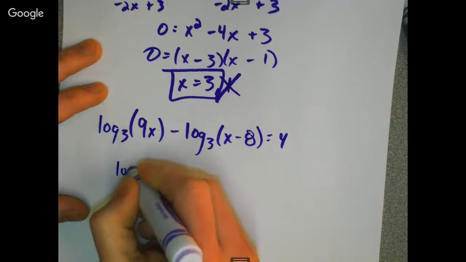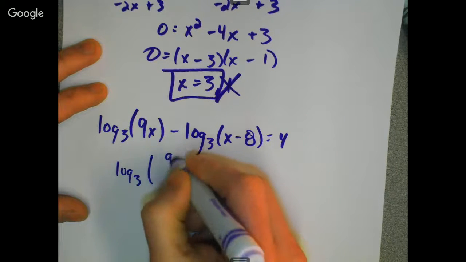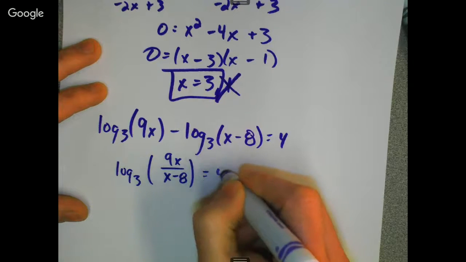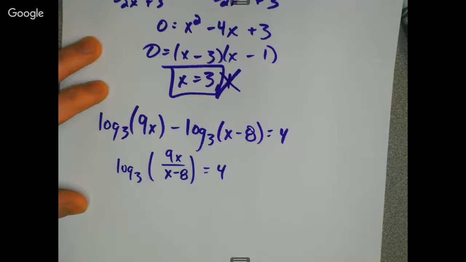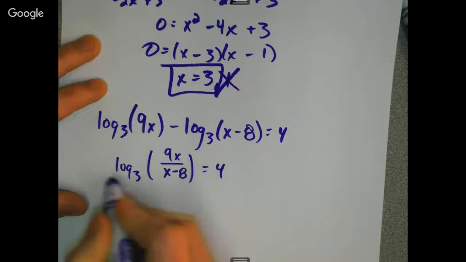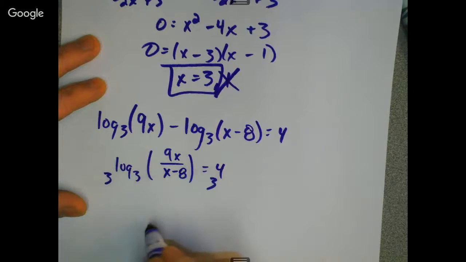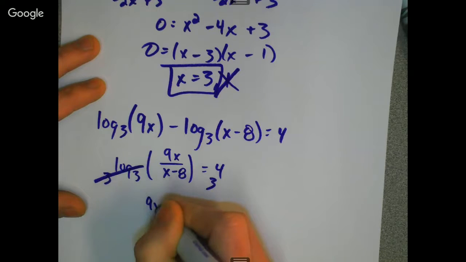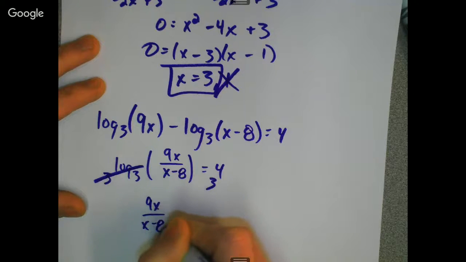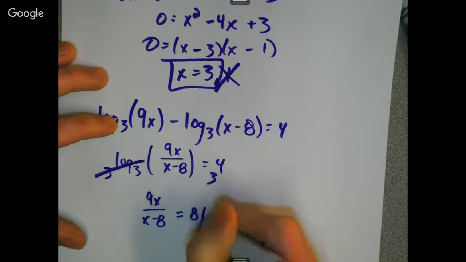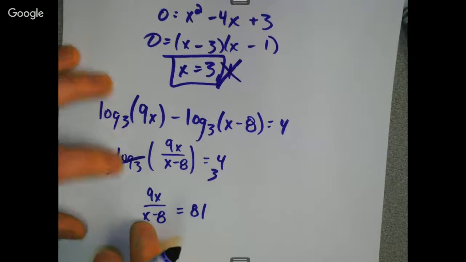So log base 3 of 9x over x minus 8 equals 4. We can rewrite this as exponential, or I just take it to the base of 3. So I have 9x over x minus 8 equals 3 to the 4th, which is 81. And then I need to solve this.